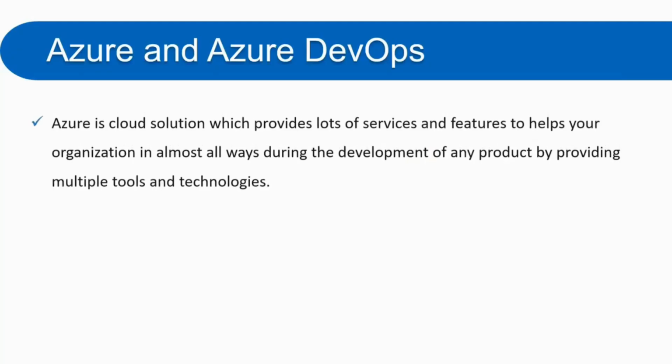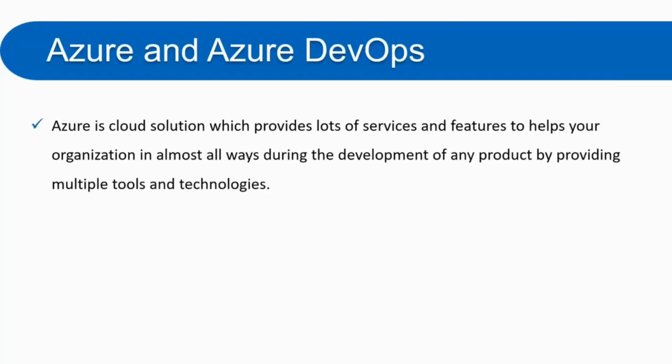Azure is a cloud solution which provides lots of services and features to help your organization in almost all ways during the development of any product by providing multiple tools and technologies. So Azure is basically a cloud solution, and this cloud solution provides lots of features which are required for your company to use for the development, for the deployment, for the management, or for other things.